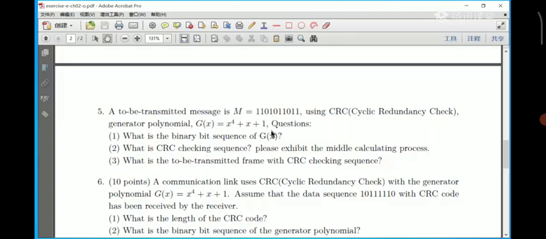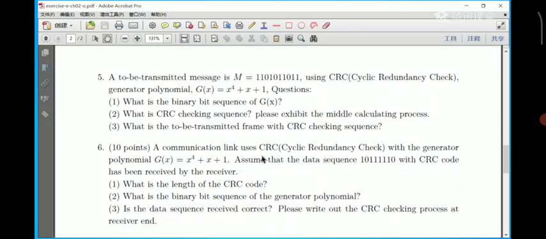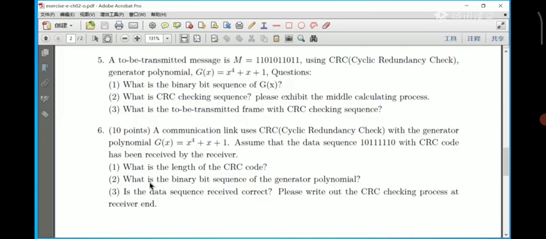About the CRC calculation, okay? CRC to determine the to-be-transmitted frames. This kind of question. The other kind of questions is for the receiver. At the receiver end, the receiver should determine whether the message received is correct or not.